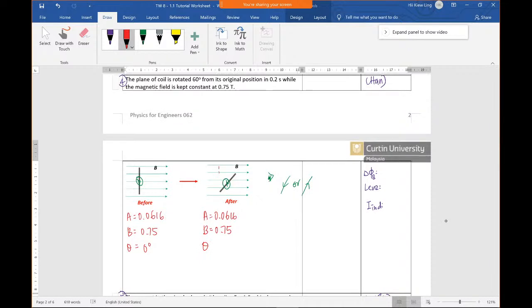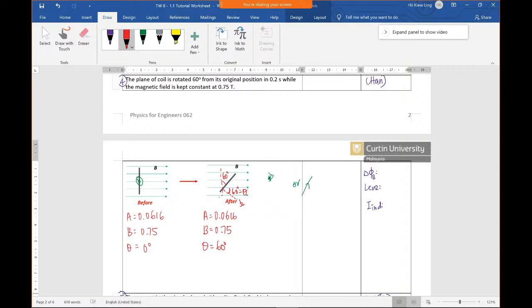So this is the original position, and it is being rotated by 60 degrees. So theta, the angle between the normal line and the magnetic field line, is 60.